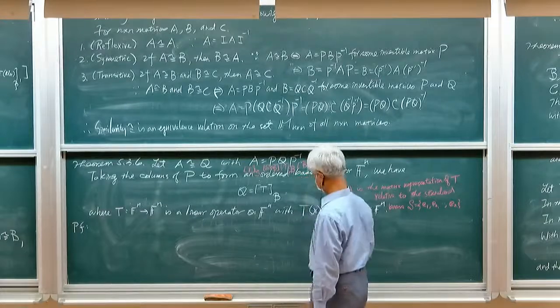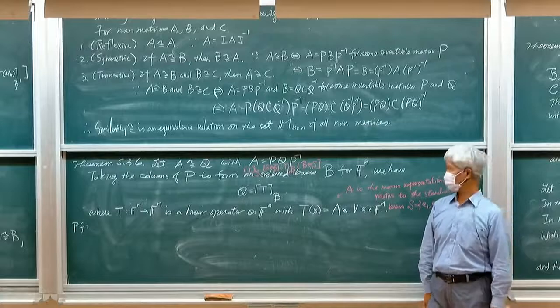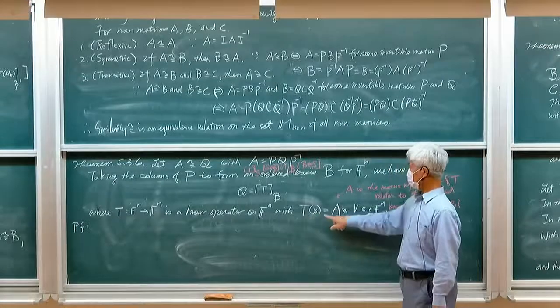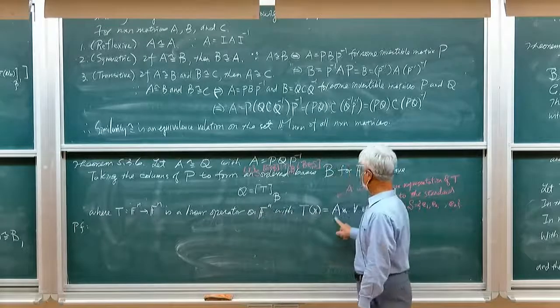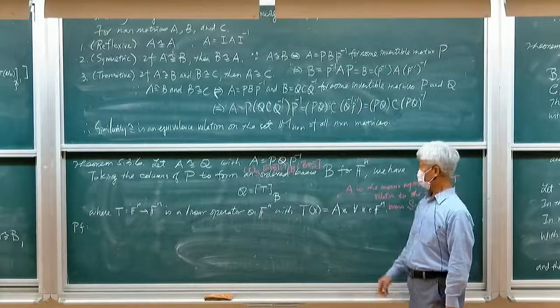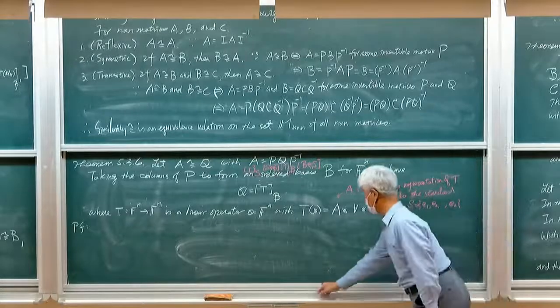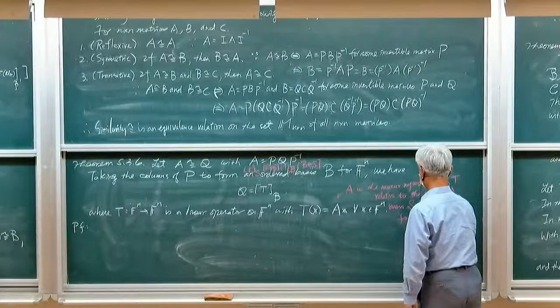So everything is done. The important thing to observe is that once we write down a linear operator on the Euclidean space, then the matrix representation is just this matrix A, relative to the standard basis for Fn.